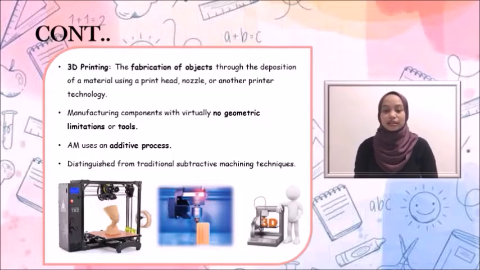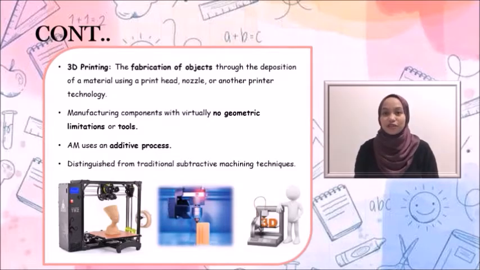Next, we move to the next point, which is manufacturing components with virtually no geometric limitation or tooling. It means that through additive manufacturing, it has the ability to create almost any shape or even geometric feature.